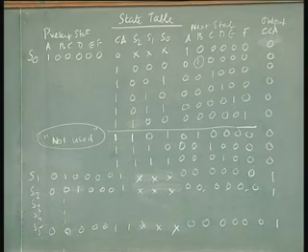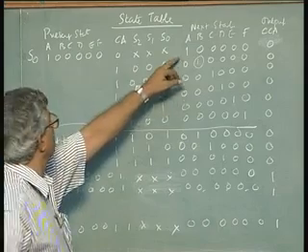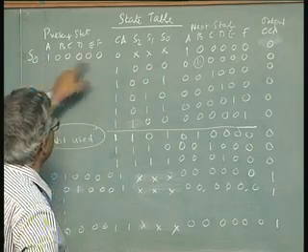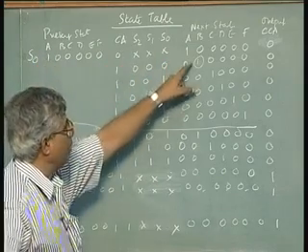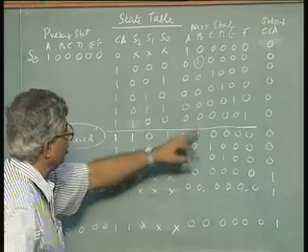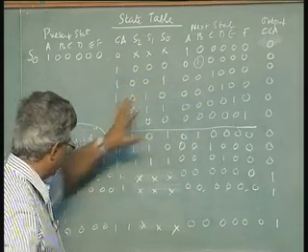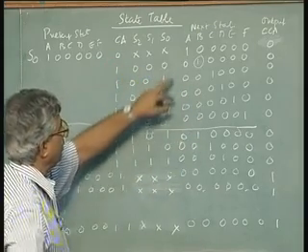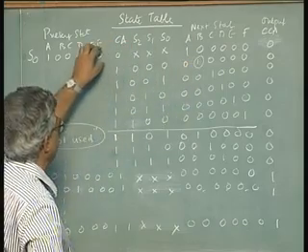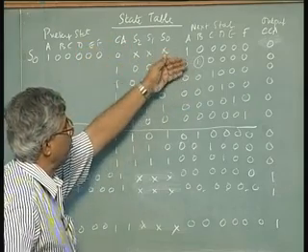Now this machine, you can write the equations from here and then simplify them. Instead, what we are going to do is go directly to the PAL realization. You can write equations for A plus in terms of A and the inputs, B plus in terms of the states and inputs, C plus, and so on. For each of the outputs, as I said, the outputs are the same as the states as far as A, B, C, D, E, F are concerned.